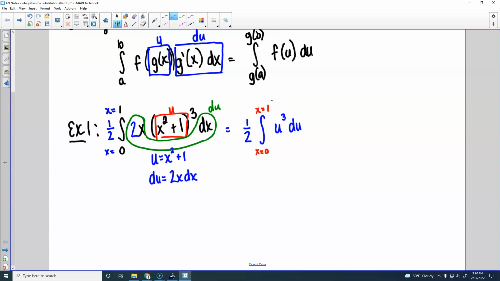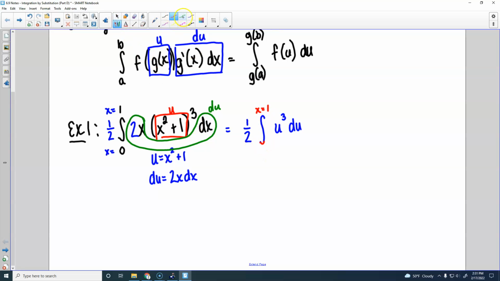But if I write 0 and 1, I've got to put the x equals there. Because now my equation is in terms of u. If I put numbers here, it would be assumed that those numbers are u's, not x's.